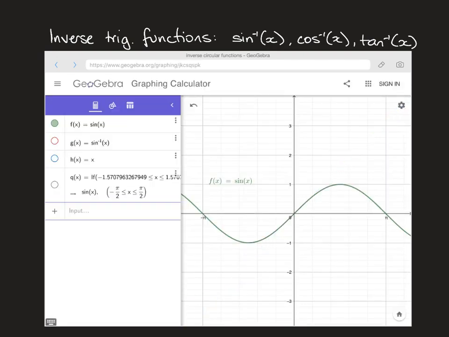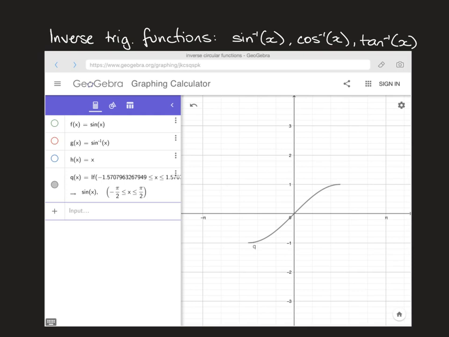So here's our sine curve, and again the sine curve is not a one-to-one function, so I'm going to take a section of the graph so that it can have an inverse function, so that it is one-to-one. I can't take 0 to pi like I did for cos because that doesn't give me a one-to-one function, but I can go from negative pi on 2 to pi on 2, and that not only gives me a one-to-one function but gives me all of the output values for sine of x.